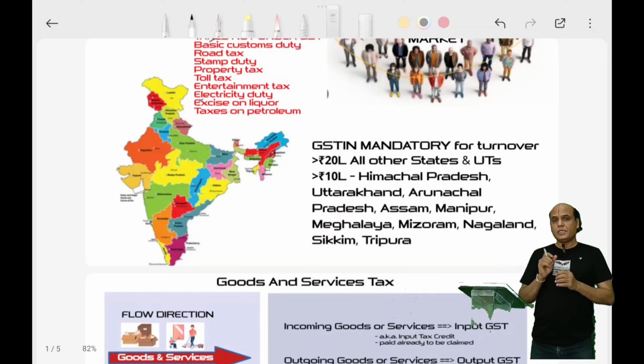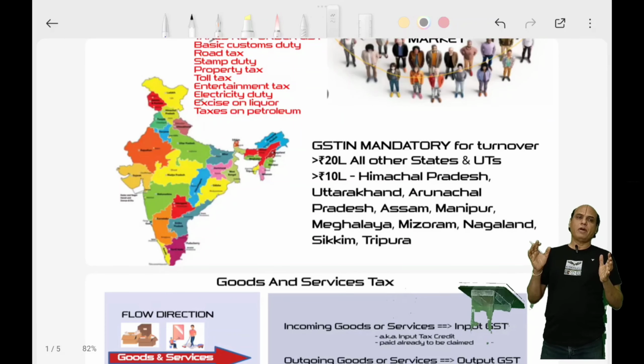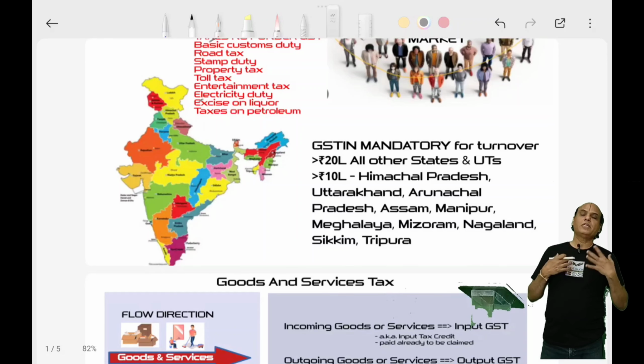So what is turnover? Turnover is the value of the business that you churn during a year. It is not profit. Suppose I am selling goods worth 19 lakhs. So my turnover is 19, but my profit could be just 1 lakh out of that 19. So turnover is the revenue that is generated from your business.